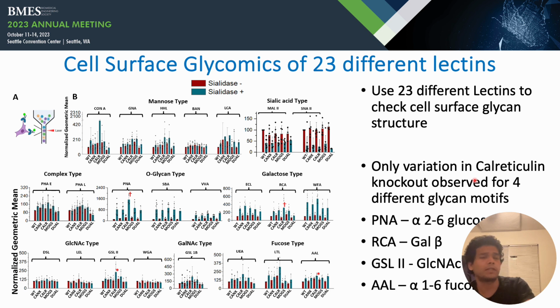So this could hint that in the case of Calreticulin knockout, there could be more deviation in the protein native structure, and that might lead to different glycosylation profiles.